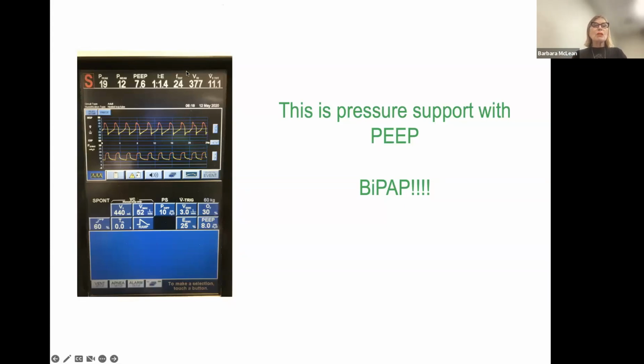Now, if I look at this patient, he's breathing 24 times a minute. So 60 seconds divided by 24 is around 2.1 seconds. That means his in-out cycle is around 2.1 seconds. And it's really important to recognize that that may not be adequate for my patient to exhale their CO2. So I may need to make some adjustments.